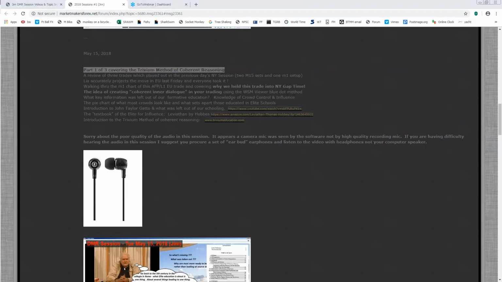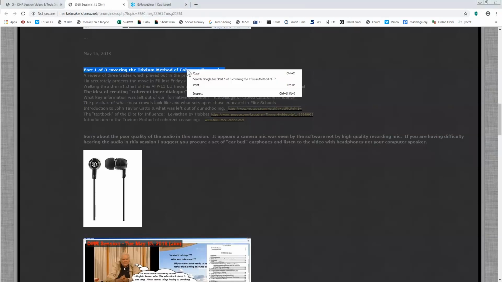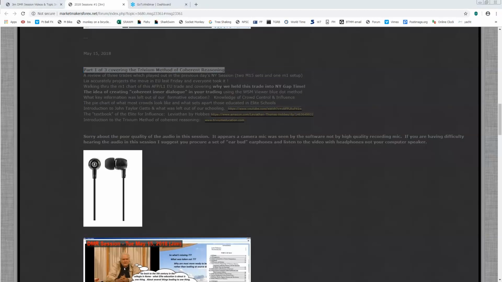Most of us did not have that opportunity to have what's considered on-the-job learning, the ability to communicate your idea to large groups of people, the ability to gather individual bits of data to then use logic in order to come to a conclusion and then convince a large group of people that that's the way to go. We did not have that to the level that we should, and it affects our trading bigly.